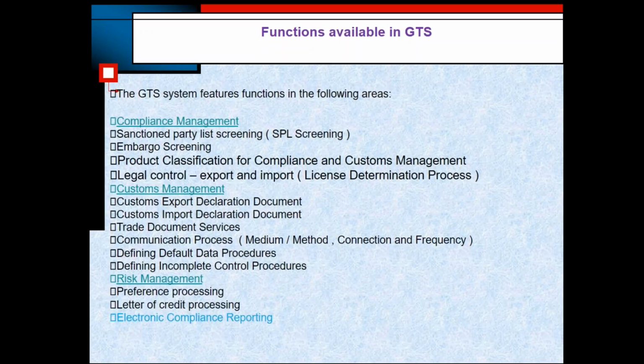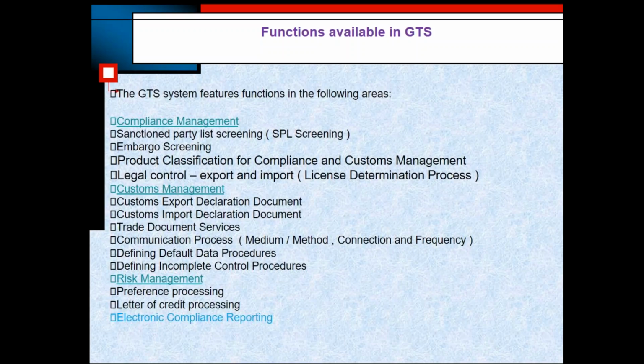If you implement SAP GTS, risk management has an application area called letter of credit. It will help you support the letter of credit process of international trade, or letter of credit determination to support the LOC process of the international trade business.